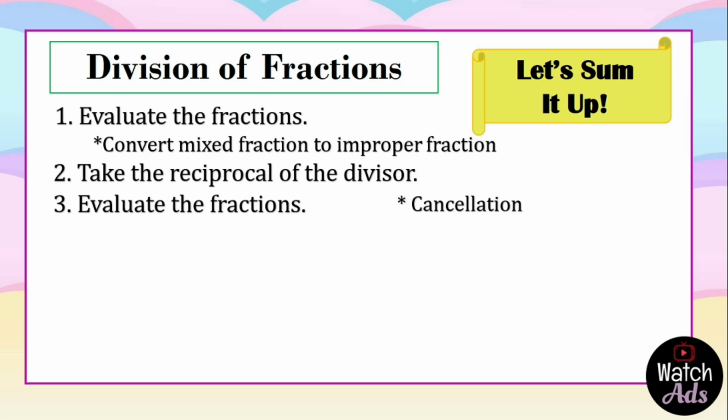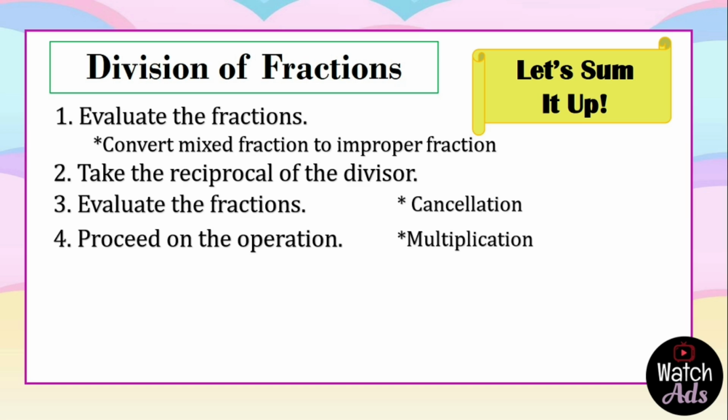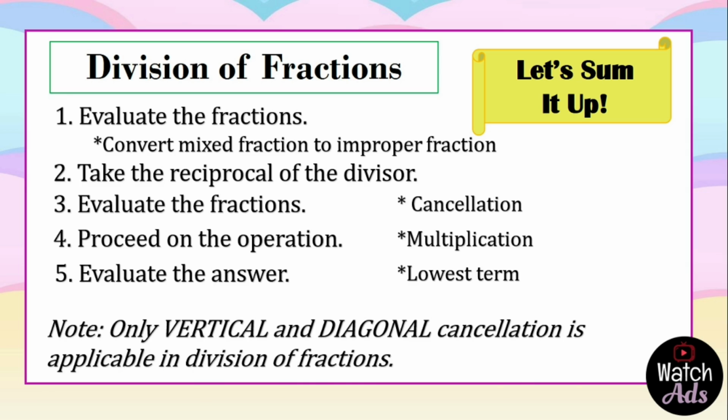We can do the cancellation already since we now have a multiplication sentence. Fourth is to proceed with the operation. That is multiplication, because we have changed the division sign into a multiplication sign. And then we evaluate the answer if it is in the lowest term. Remember, only vertical and diagonal cancellation is applicable in division of fractions.